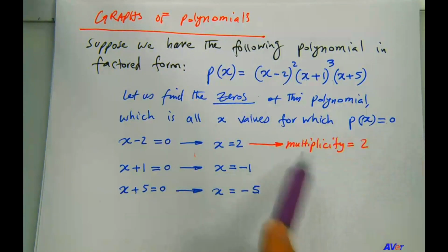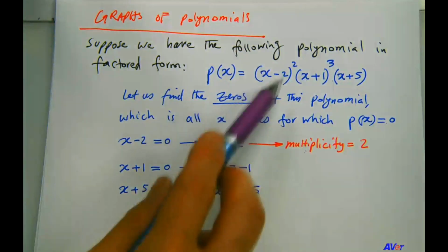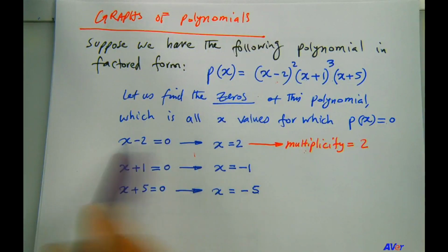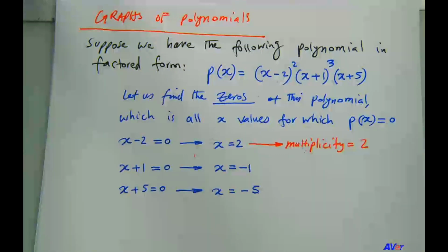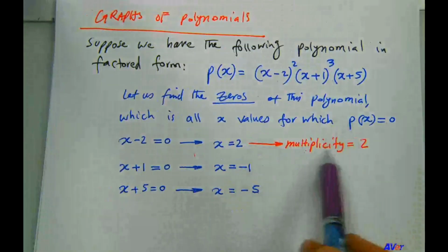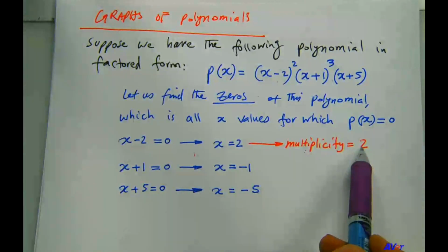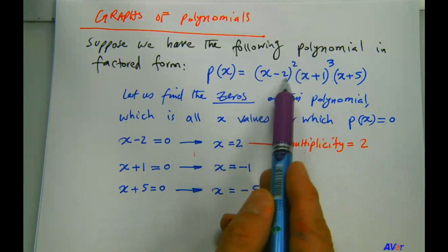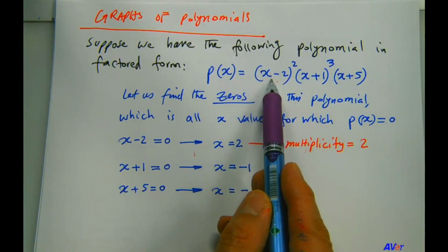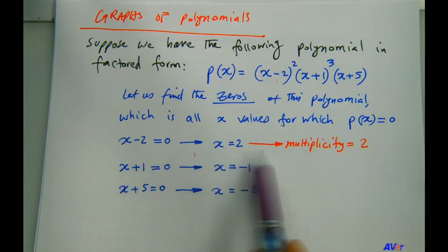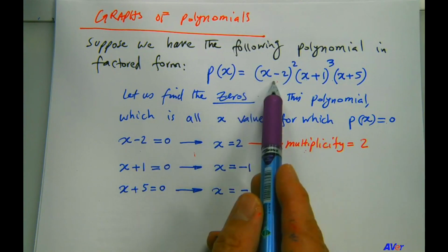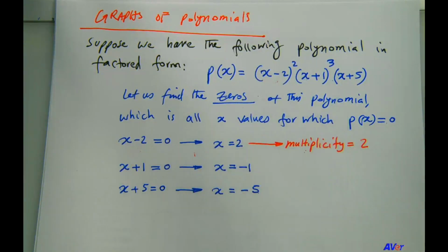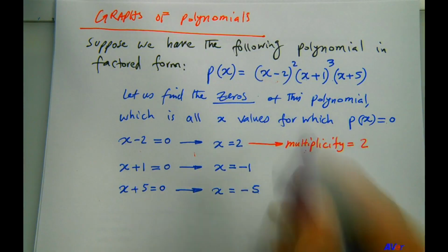The multiplicity is always equal to the power of the factor from which the zero came from. So the power of that factor is 2, so the multiplicity is 2.